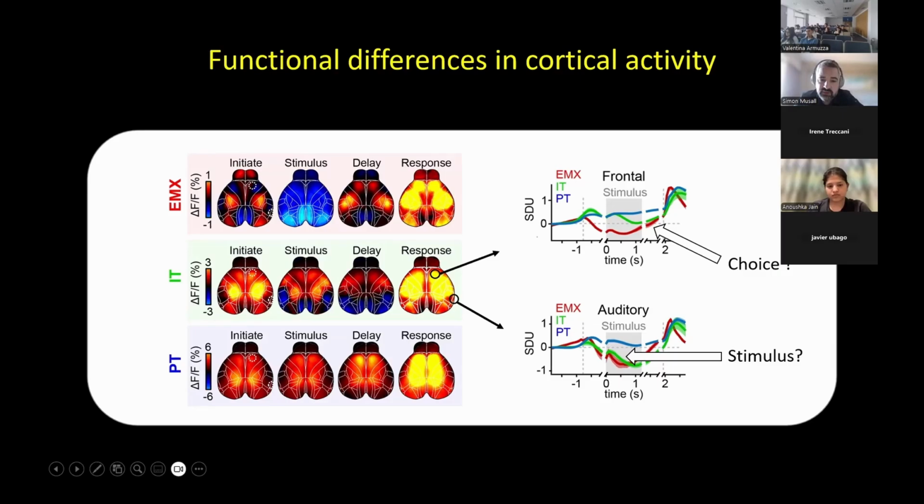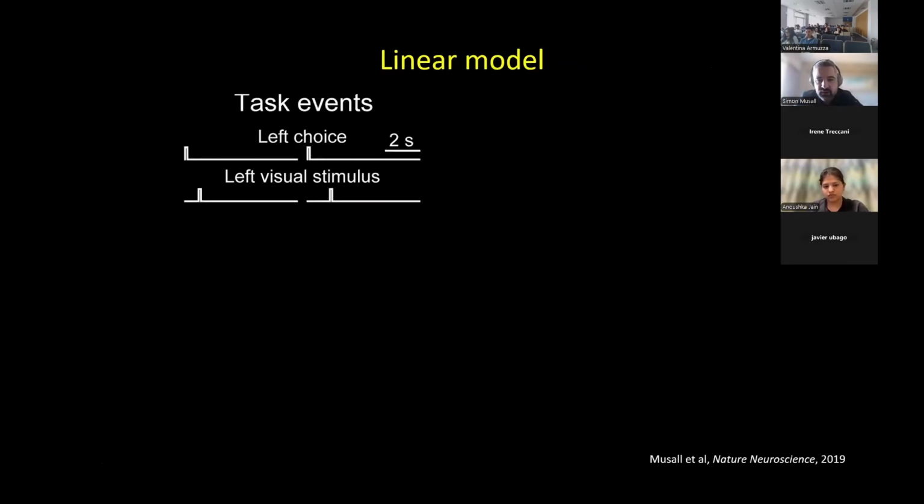So in order to deal with the complexity of this wide field data, we use a linear regression model that allows us to basically assign different parts of the activity to different types of events that are happening during the task or that are driven by different types of movements, for example. So, in a given trial, we know that the animal chose the left-hand side, and there was a stimulus on the left side, so that makes sense.